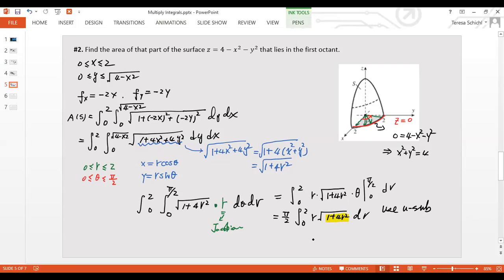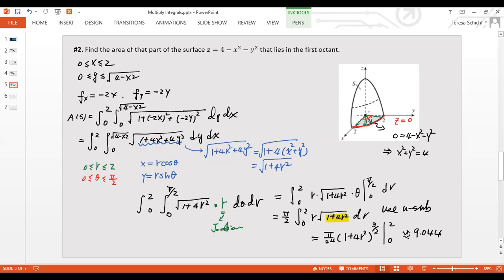And finally, the answer here will be pi over 24, times 1 plus 4r squared to the 3/2, then you put 0 and 2 inside. So it's going to be pretty close to 9.044.